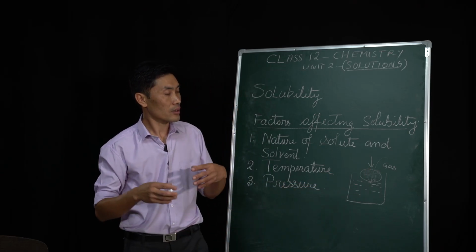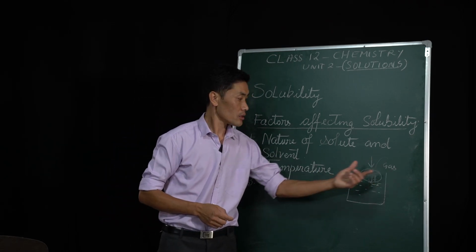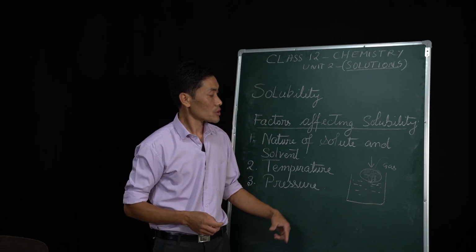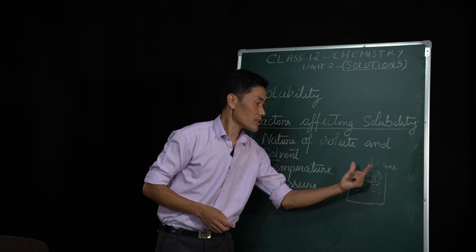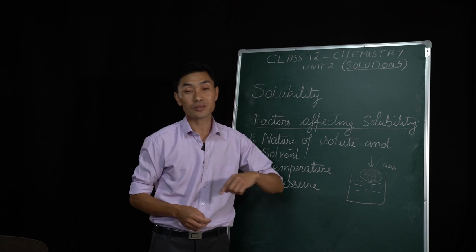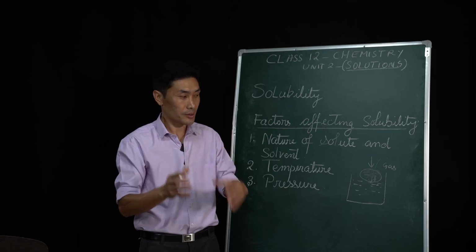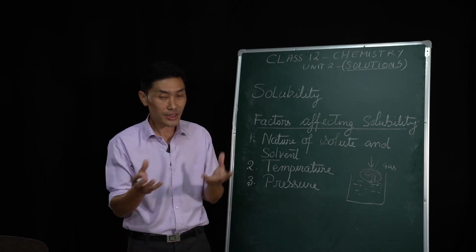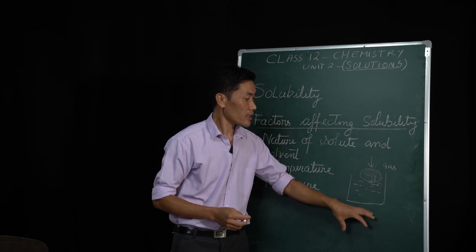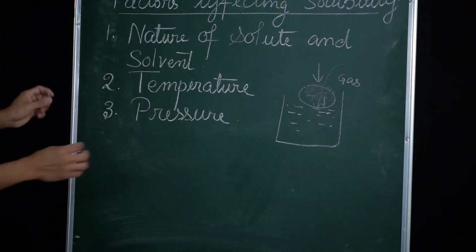Now, this relationship between the solubility of a gas in a liquid, that means how much of the gas is dissolved in the given liquid by changing the pressure, that relationship between pressure applied on the gas and the amount of gas dissolved is given by a law which is called Henry's law.